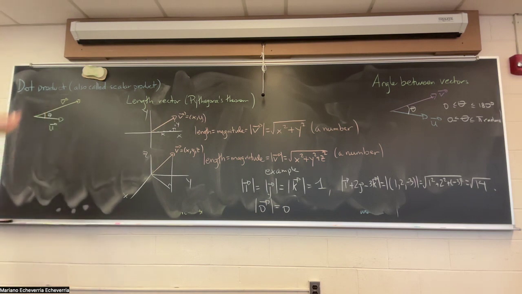There's an angle between them because of what we just discussed. So the idea is the dot product of u and v. It's called dot product because in the notation, literally you'll see a dot between them. So this is going to be the dot product.